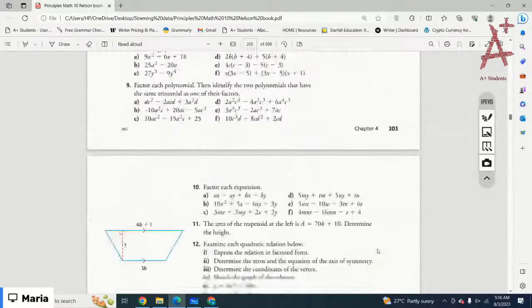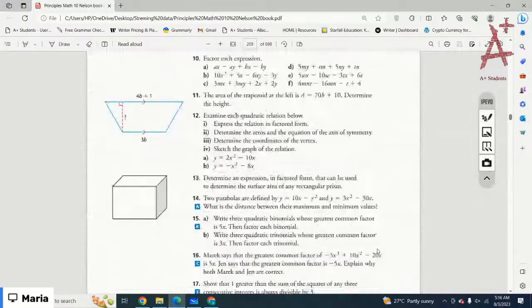Okay, we did up to question 10. Start with question number 11. The area of the trapezoid at the left is A equals 7b plus 10.